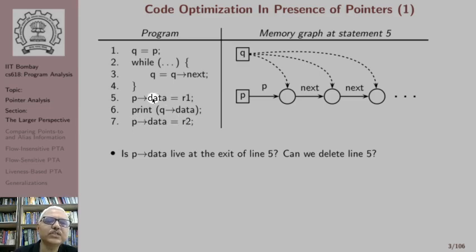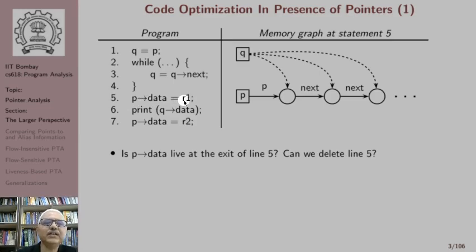The question is, at the exit of line 5, do we have P arrow data live here? We are writing into it. But is this live? If it is not live here, then the assignment on line 5 is dead.